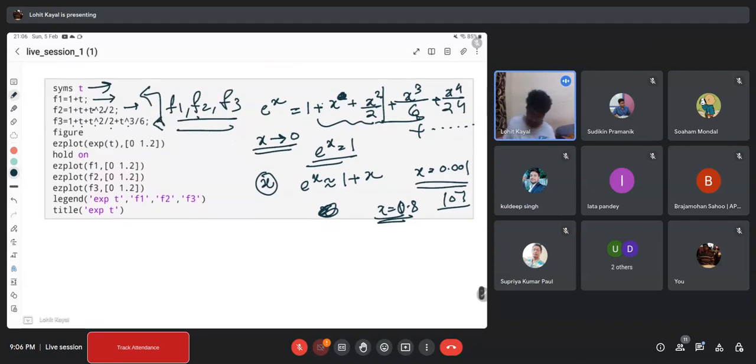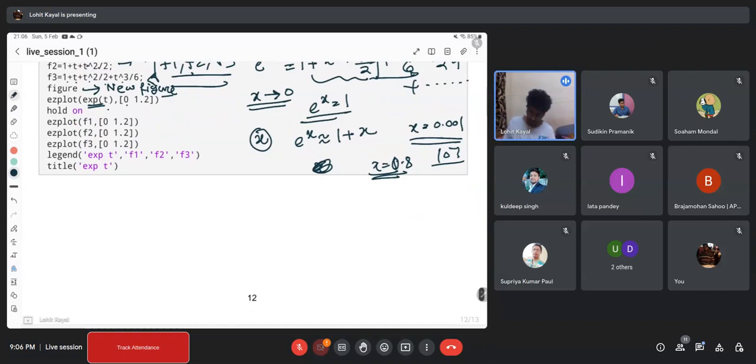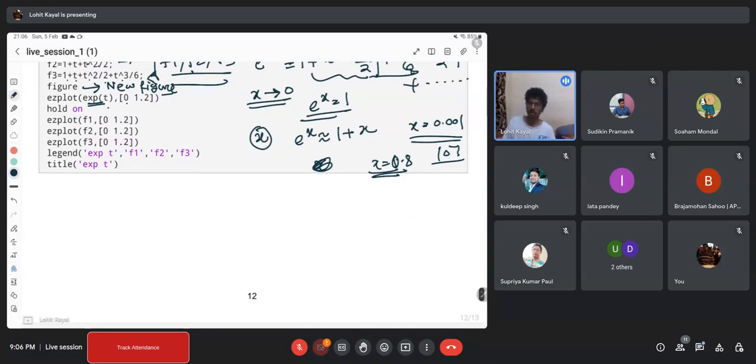Now again figure, which means a new figure. Now EZ plot exp of t, 0 to 1.2. First I am plotting the original plot, exp of t.